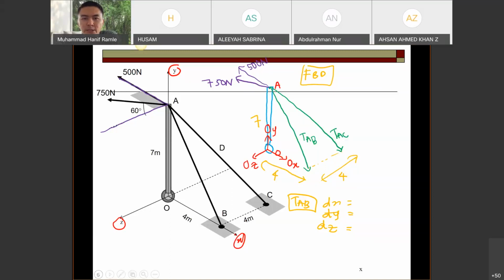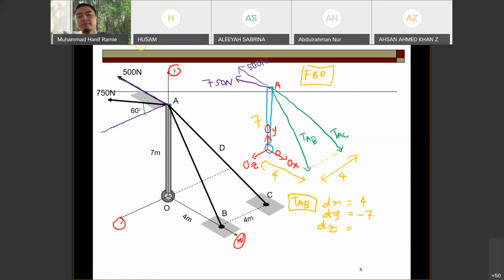dx. Negative or positive? Positive. Yes. Dy is 7. Negative or positive? Positive. Wrong. The answer is negative. Yes, sorry, negative. And dz?